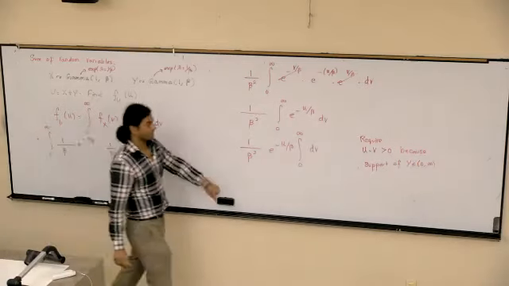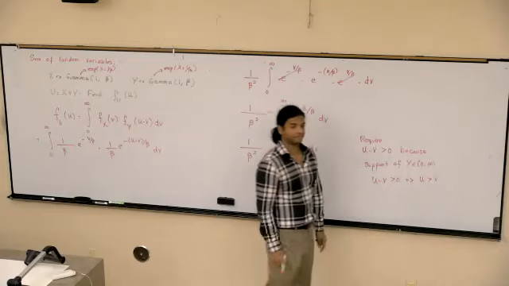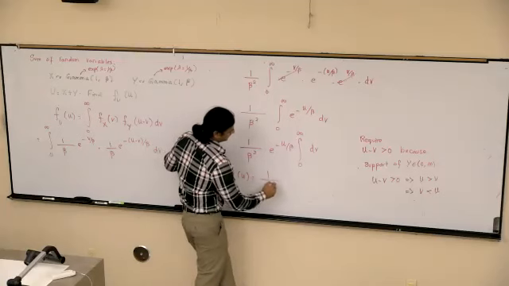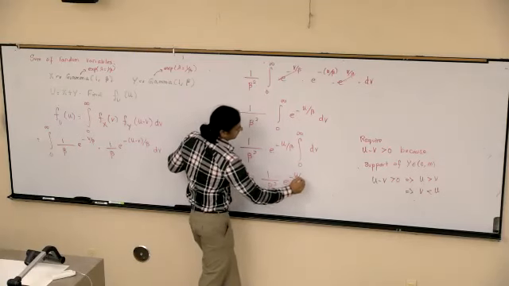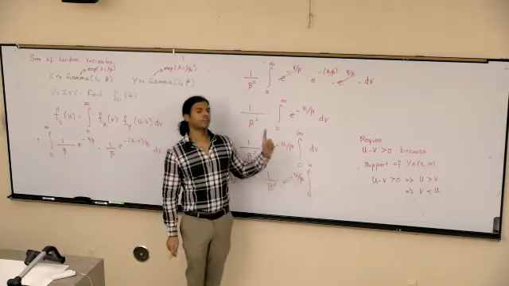That would simply imply u is greater than v, which would mean v is less than u. So instead of 0 to infinity, it is 0 to u because v has to be less than u.